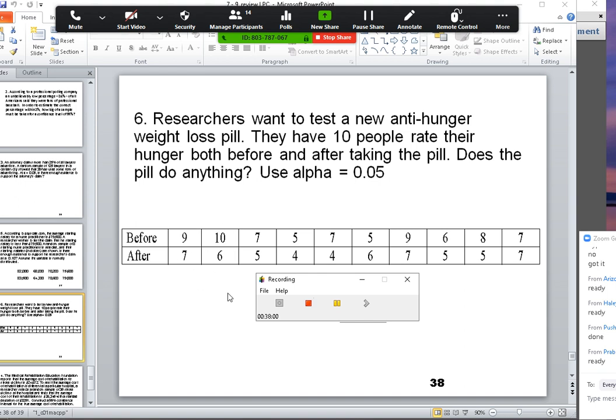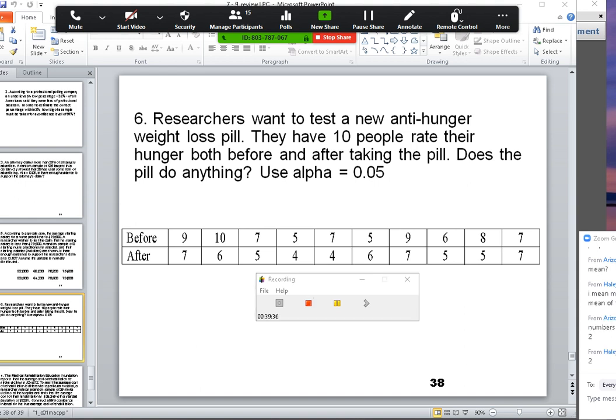This is a 2-sample, but a special one. This is a 2-sample dependent t-test, because it's got to be the same person. It can't be one person's before and someone else's after. They're matched up.